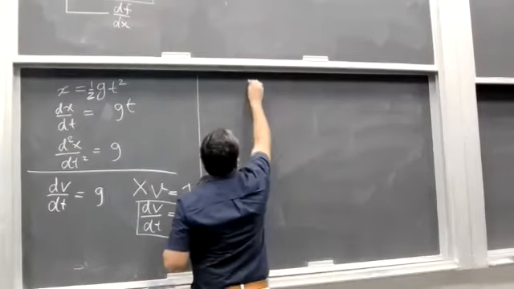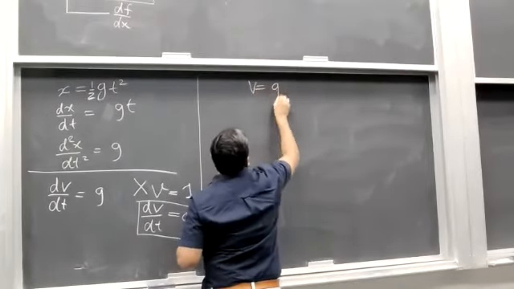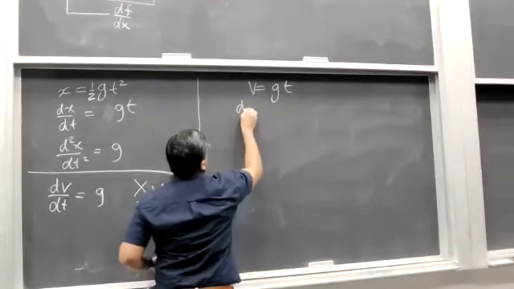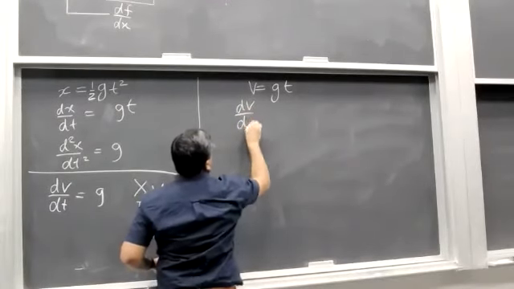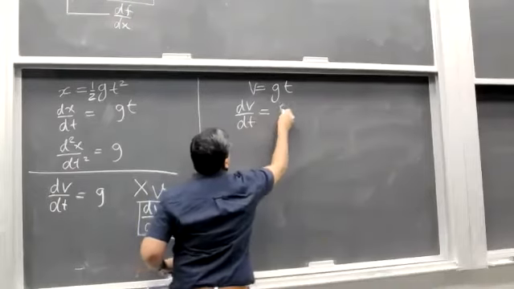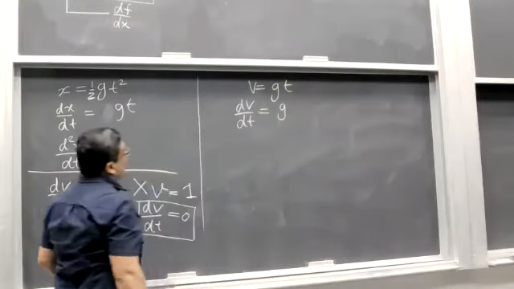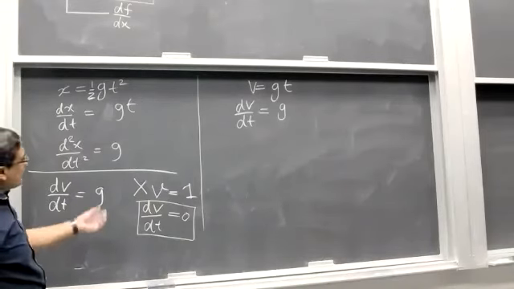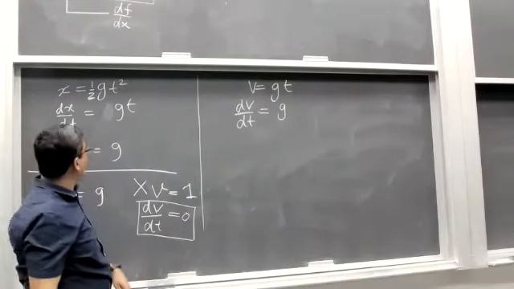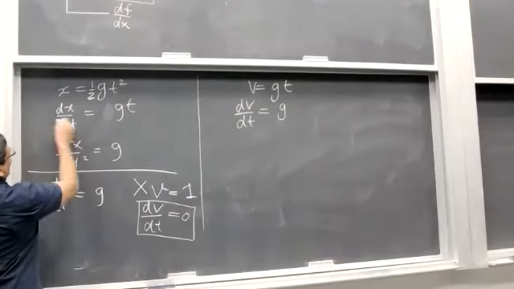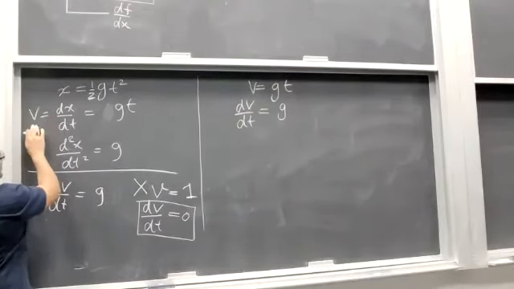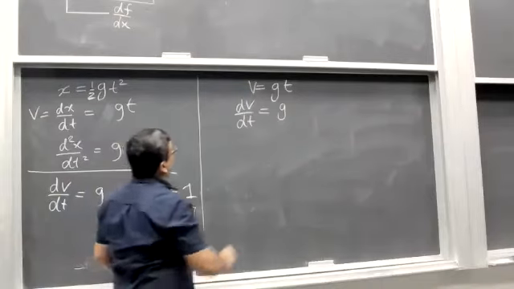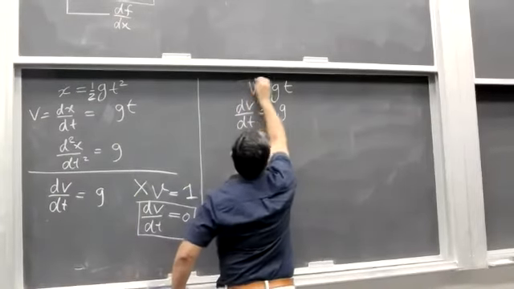Let's say v is equal to g t, and take its derivative, dv over dt is equal to g. Well, this looks like a good guess because it gives me this equation back. So that means my v is equal to g t, and we can see that here as well. So this is a good guess.